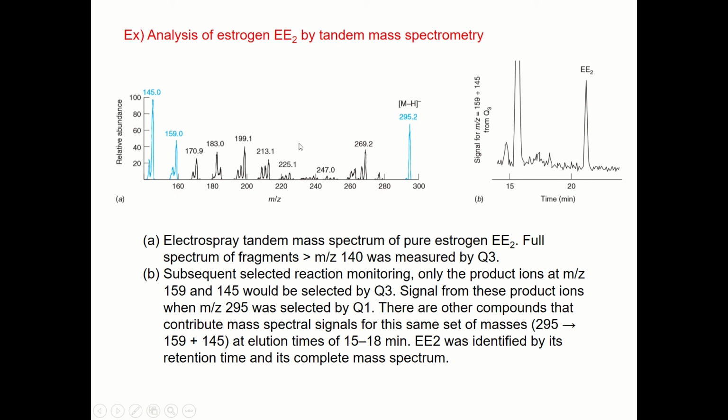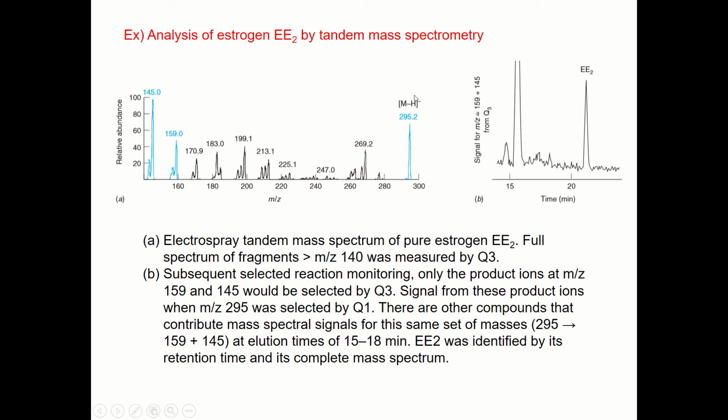Let's look at this first figure here: the electrospray tandem mass spectrum of pure estrogen, EE2, a full spectrum of fragments. At the Q3 stage, you detect the fragmented species. It shows only fragments whose mass to charge ratio is greater than 140, from 145, 159, or like that.